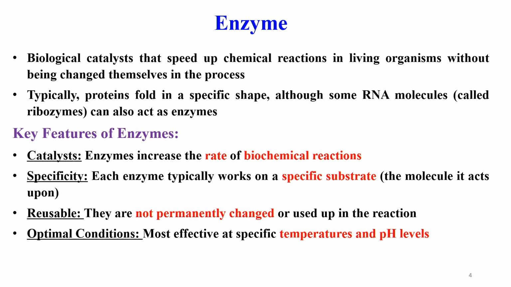So as we know, enzymes, we have already discussed, are biological catalysts that speed up the chemical reactions in living organisms without compromising the process, and in addition they do not participate in the biological reaction.